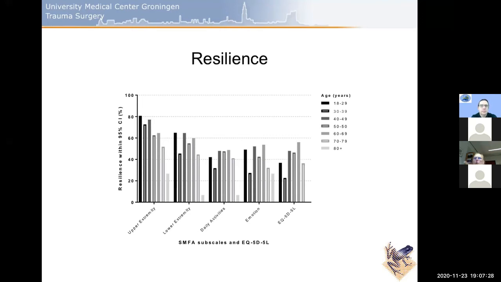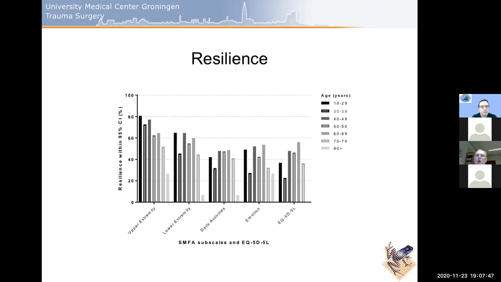So we don't know what it is, but I think maybe the capacity for coping is higher in the group of the elderly 60 to 70 years old than in the group of 30 to 39.